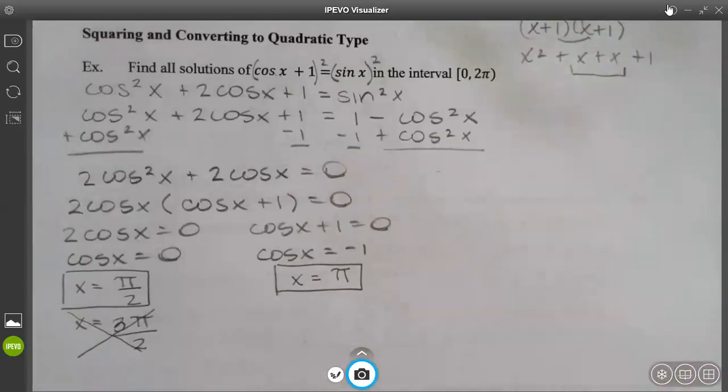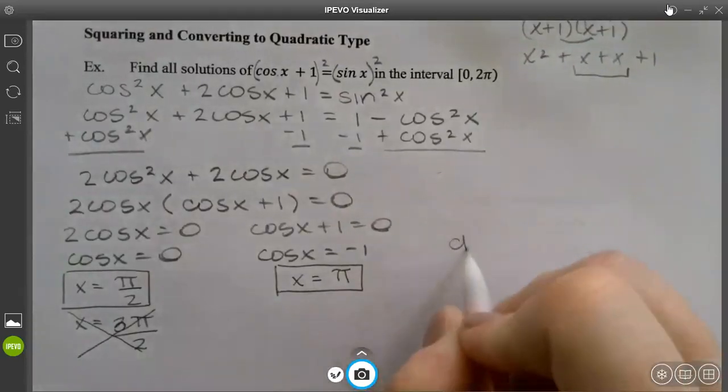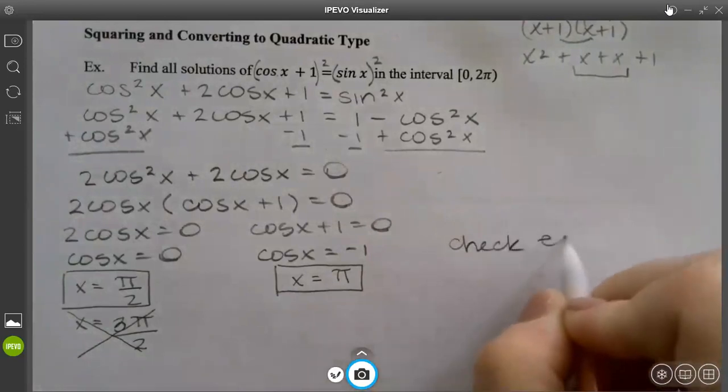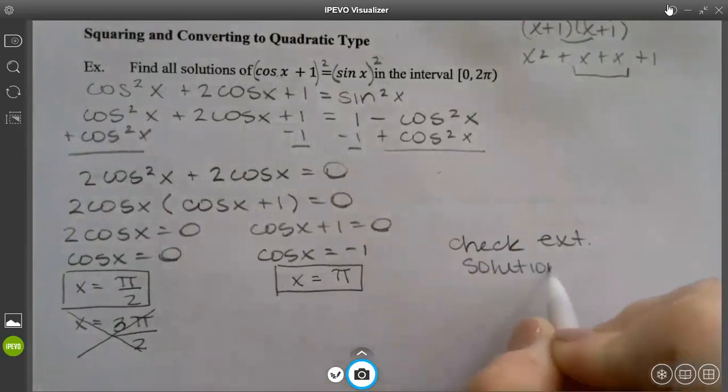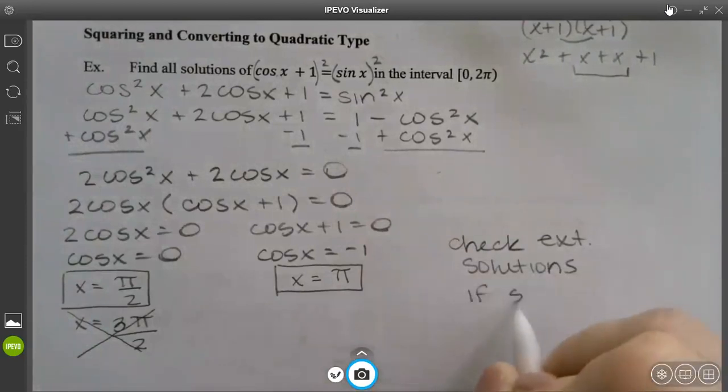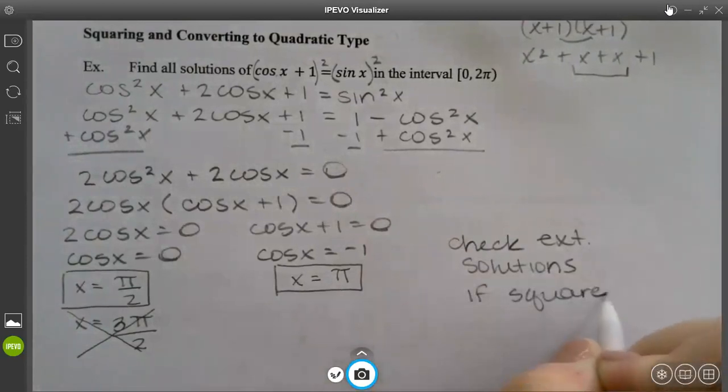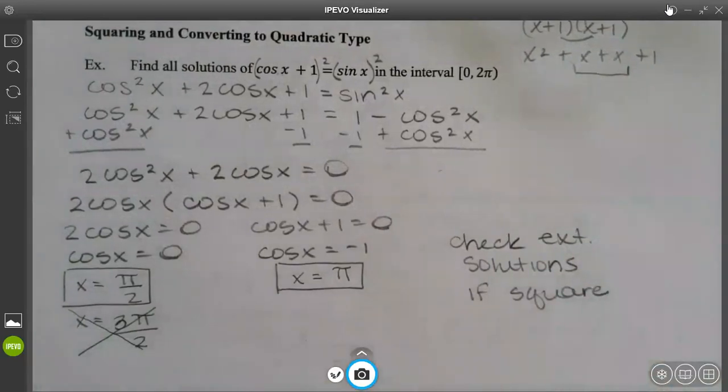And again, only when you square. So check extraneous solutions if you square. And why did we have to square? Because you can't do anything, and to be able to interchange them, you have to have the squared Pythagorean identities.